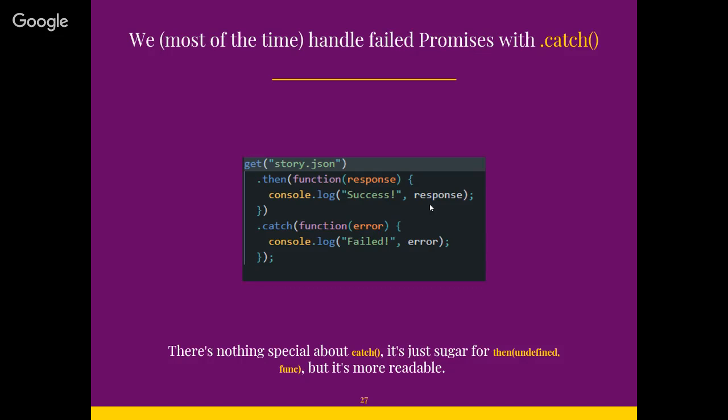So we must provide a catch statement for each and every level of nesting that we introduce in our promise chain. So the good thing about the catch statement is that it catches errors wherever they occur in the promise chain. But as we said, we should be especially careful with nested promise chains.